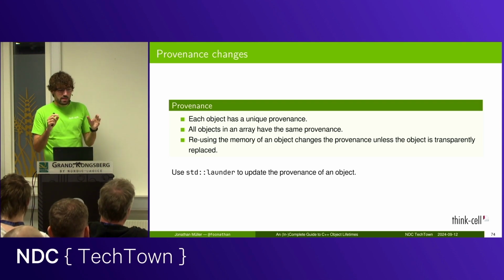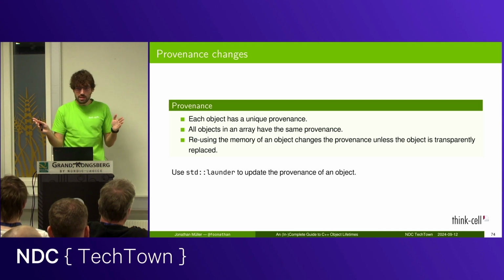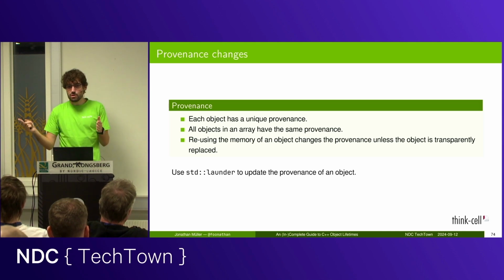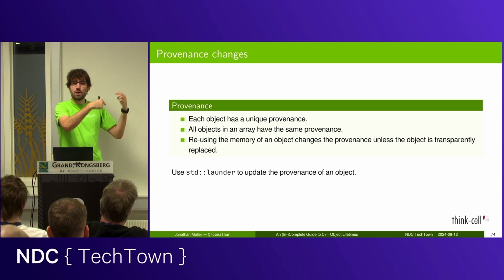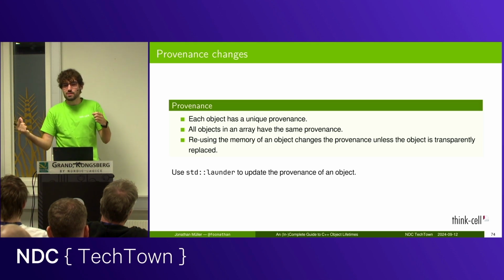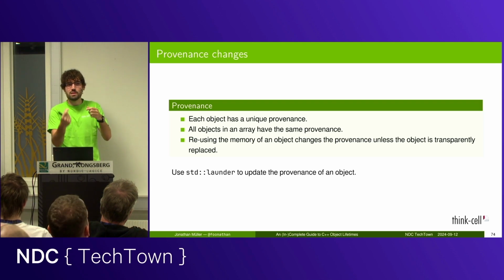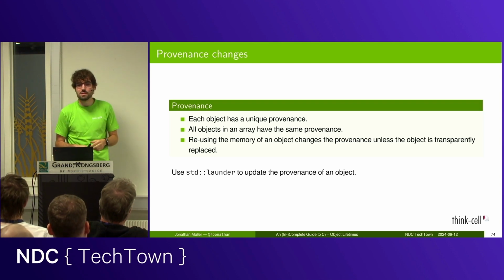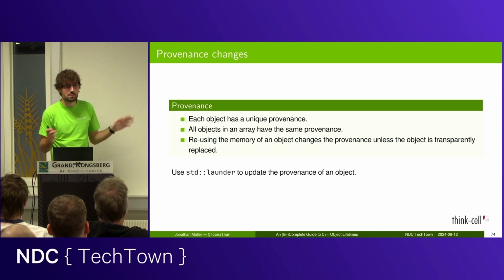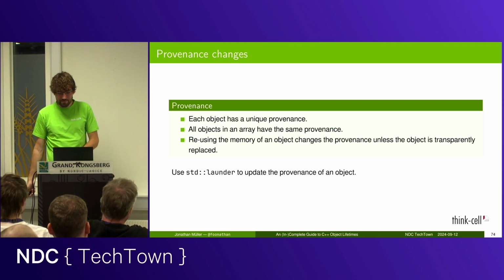So if you, for example, have an array of structs, and all the structs have the same provenance, but if you've got a pointer to some member of that struct, you cannot go back to the array based on that and do pointer arithmetic, because the provenance going the other way is different, because it's not directly a linear thing. Right? If that makes sense. If it doesn't, don't worry.